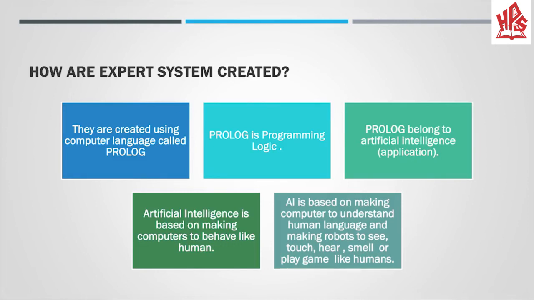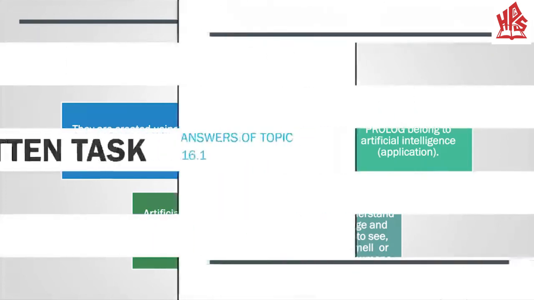Prolog belongs to artificial intelligence programming, so it is near to the decision making ability of humans. That is why making robots to understand, to see, to hear, to smell, or to play games, etc., like humans is part of the expert systems strategy.